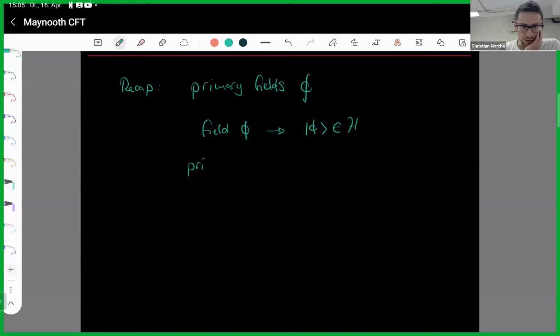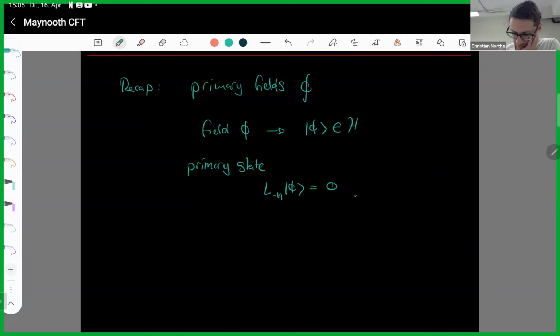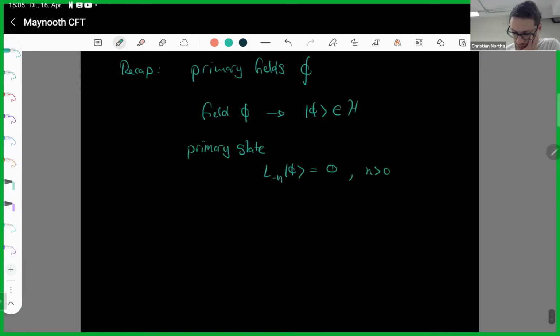Now, if we demand that this state corresponds to a primary field phi, so this is called a primary state, then the primary state satisfies this condition here, where n is positive. And it is an eigenstate of L0.